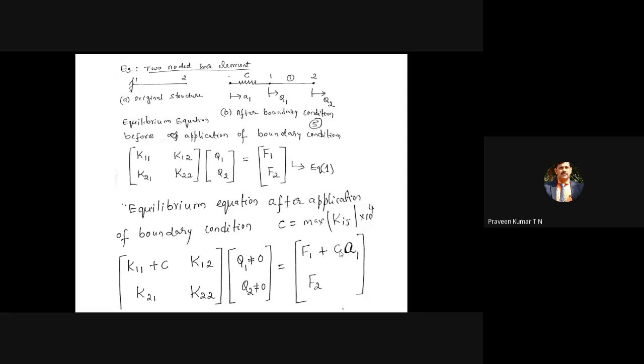C into A1 is nothing but K into Y. We have the standard physics formula for stiffness: K is equal to F by Y, where F is our reaction force, so F becomes K into Y. K is the stiffness. In this case, the stiffness is C and Y is the displacement A1. This is the first case. If you know this example, as far as heat transfer problem solving is concerned, that is sufficient.